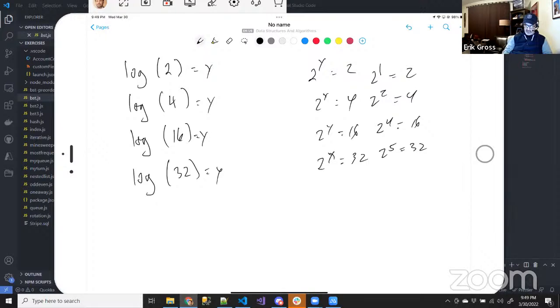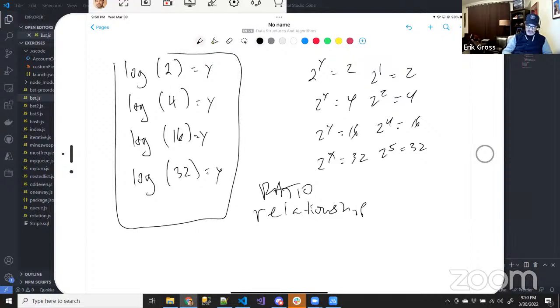So we can start to see a ratio. We can start to see a relationship. Our given number over here on the log side of things is related to the exponent.